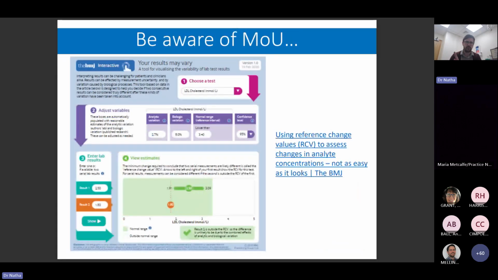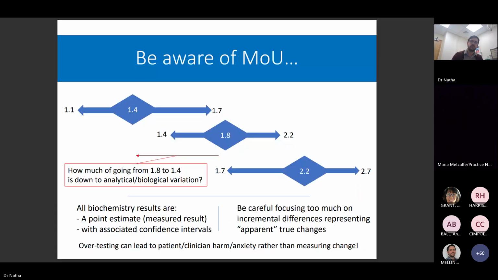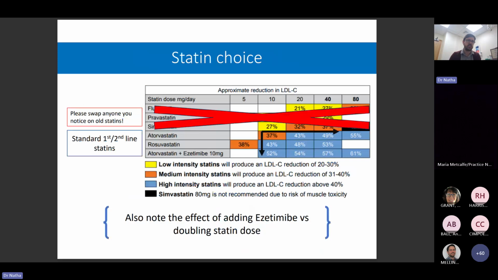But to tie off the conversation about statin choice and titration, the main point I want to highlight is what you'll notice whenever you go across the table horizontally versus vertically, comparing atorvastatin versus atorvastatin plus ezetimibe, or rosuvastatin versus rosuvastatin plus ezetimibe.